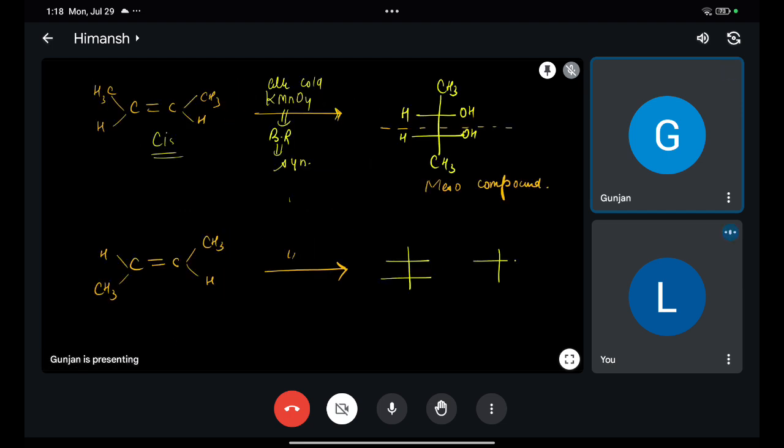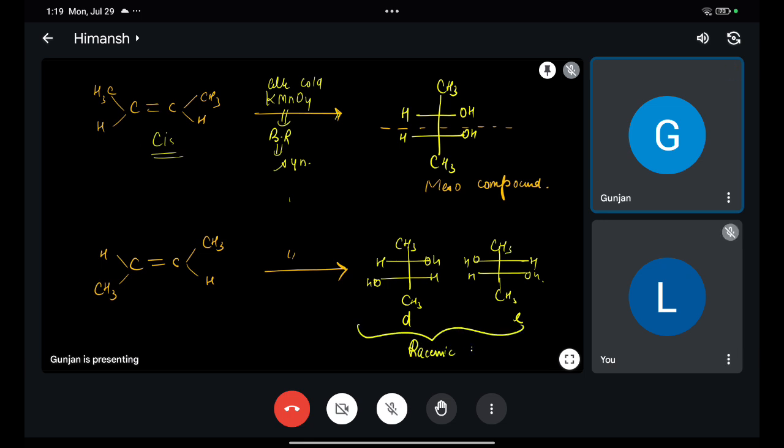See, this is the racemic product, an equal quantity of D and L, that is racemic. Is it clear, Ansh? Yes, ma'am, clear.